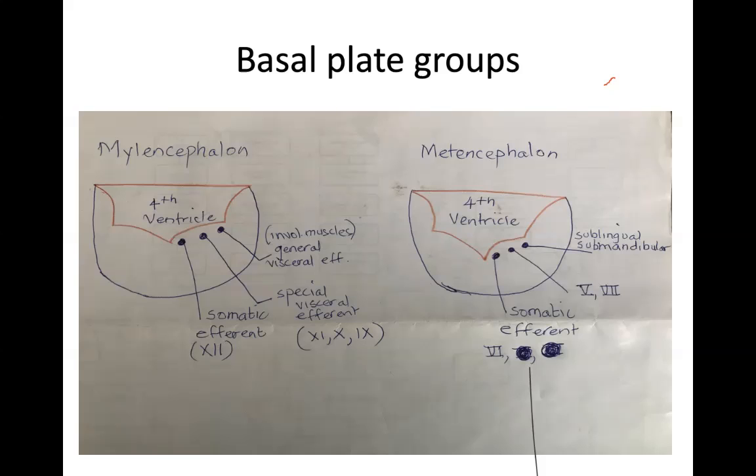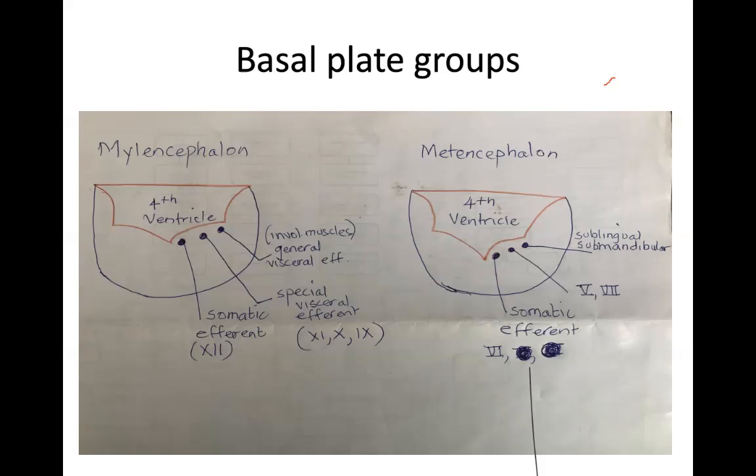Special visceral efferents will go to different structures coming from pharyngeal arches, basically through 11, 10, and 9: accessory, vagus, glossopharyngeal. And general visceral efferent group is for involuntary muscles, which are present in the respiratory system, in the GIT, in the heart.